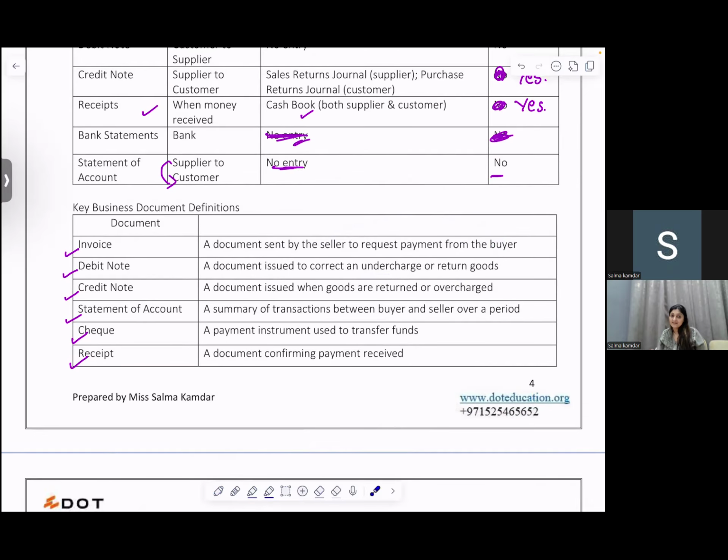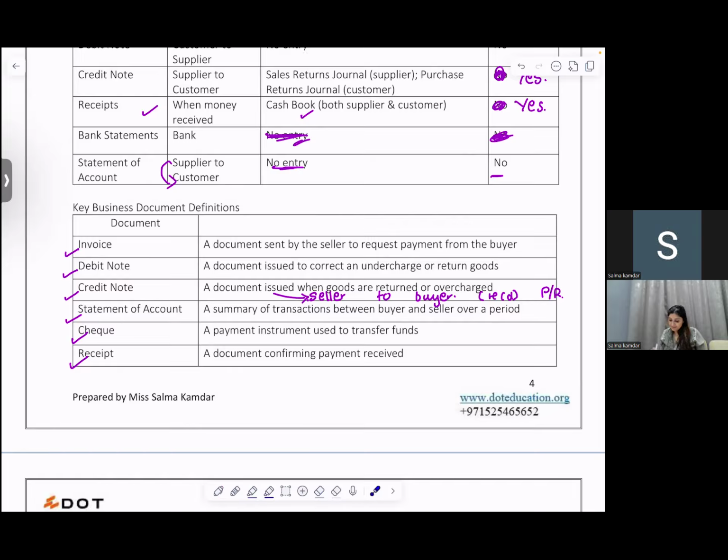Credit note is when the goods are returned. It is issued by the seller to the buyer. Credit note is issued by seller to buyer. So it is issued by the seller for sales return. It is received by the buyer for purchase return.